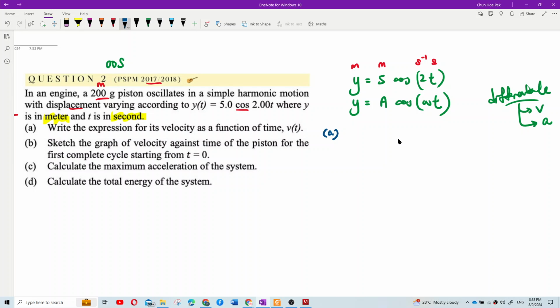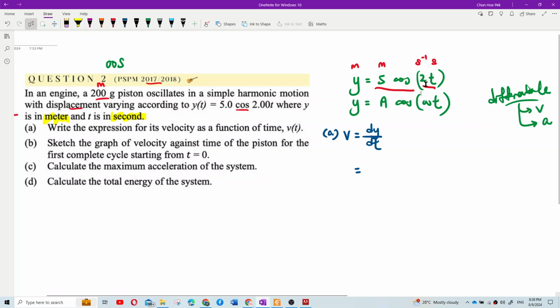Velocity is dy over dt. To differentiate this, remember, I always differentiate outside, then I differentiate inside. Do you understand what I'm talking about?